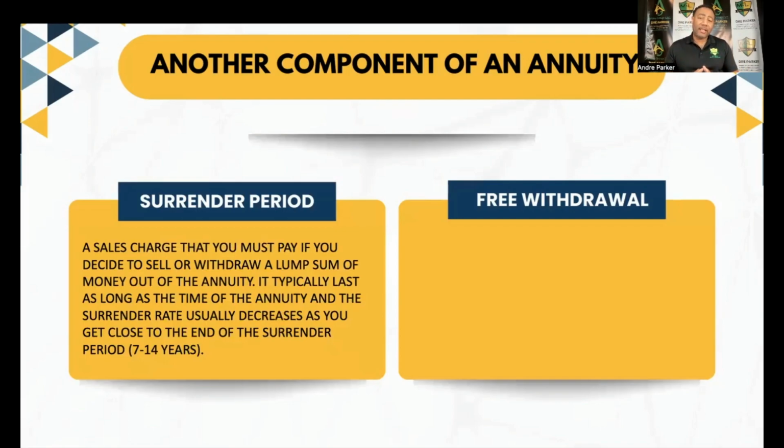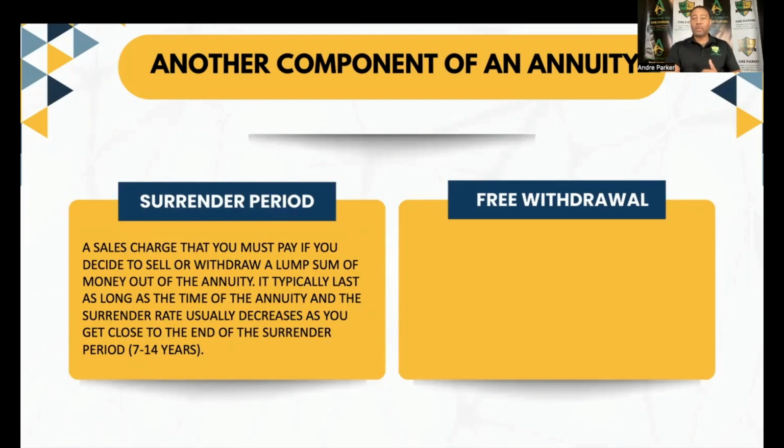It lasts as long as the term of the annuity, and the surrender rates typically decrease as you get closer to the end of the surrender period. Your surrender period for an annuity is typically 7 to 14 years. So if you have a 7-year annuity, you might start with higher surrender charges, and as you get closer to the end of that period, they tend to become less and less.